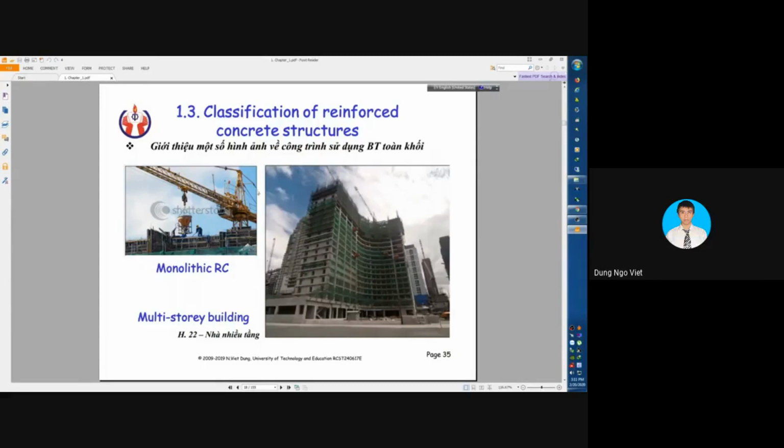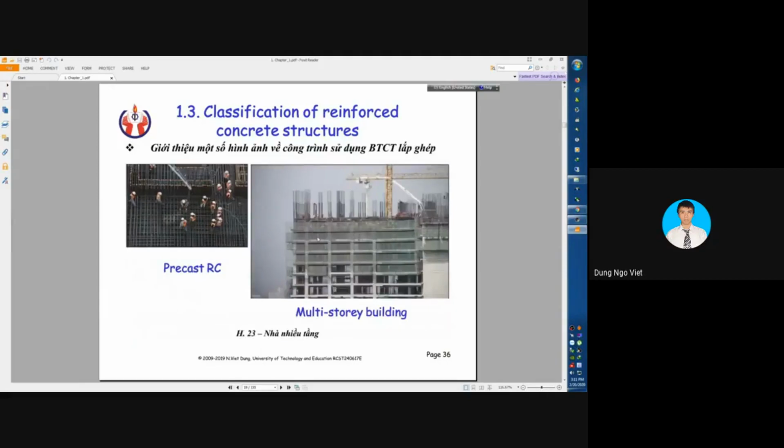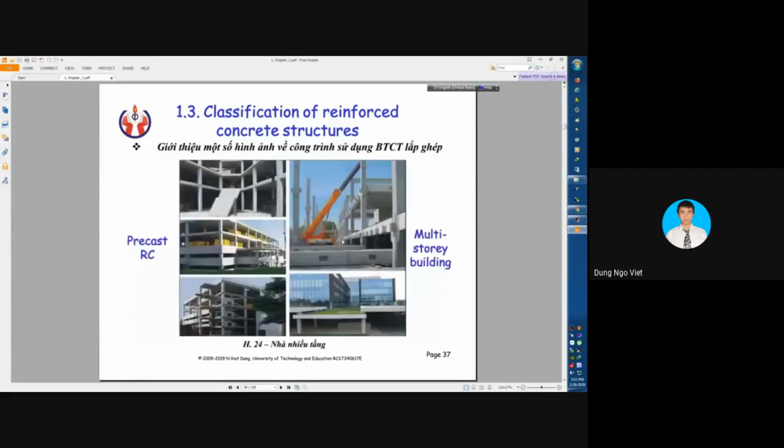They use monolithic reinforced concrete. And here, for a multi-story building, they have precast reinforced concrete. And also here, precast reinforced concrete is used in constructing a multi-story building.